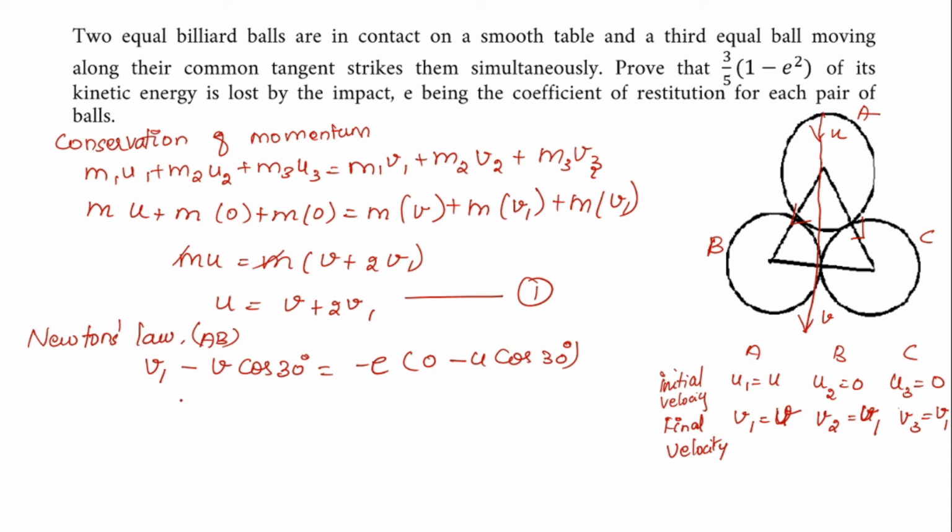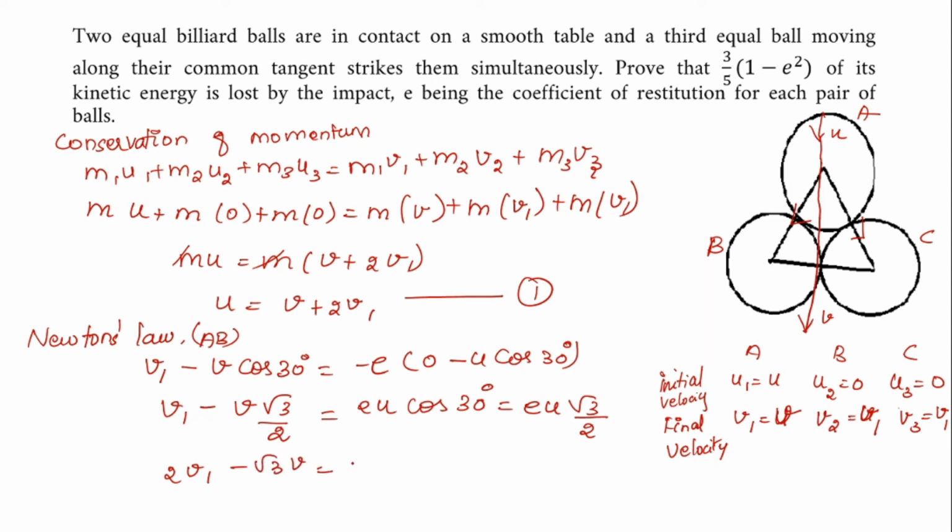So it will be v1 minus v into cos 30 degree, which is root 3 by 2, equal to plus eu cos 30 degree, and cos 30 is root 3 by 2. The 2 is common, so you multiply through, and it will be 2v1 minus root 3 v is equal to eu root 3. Mark it as equation 2.